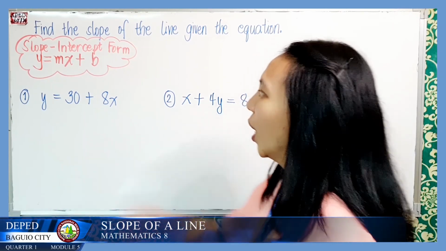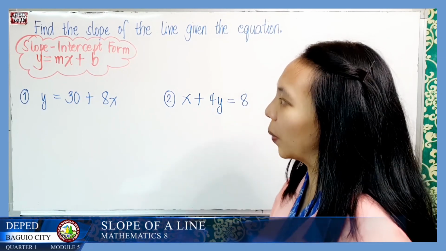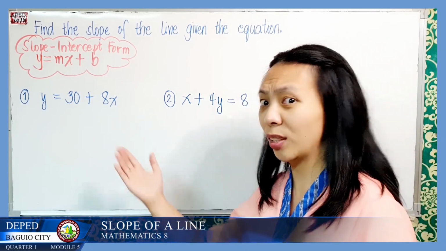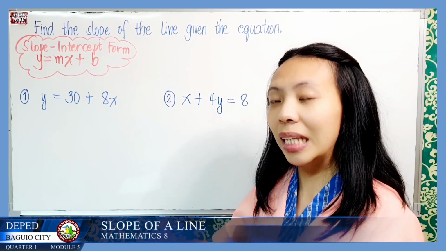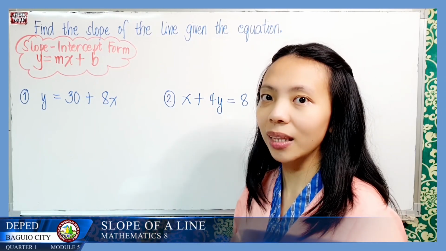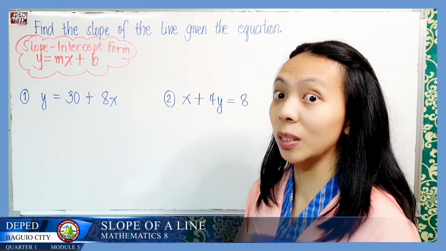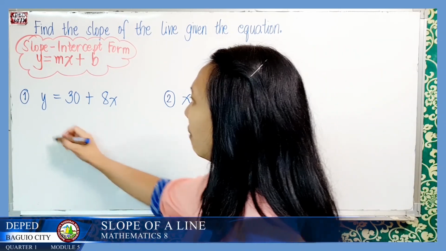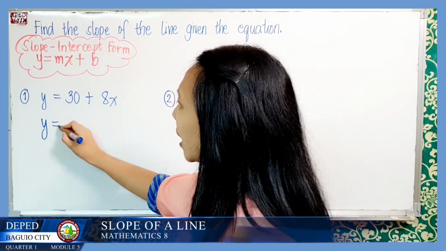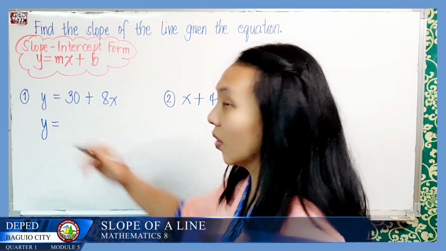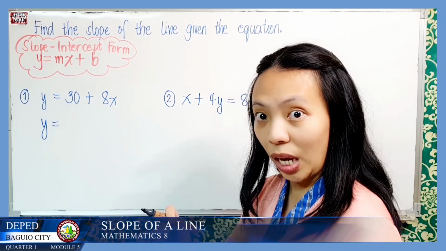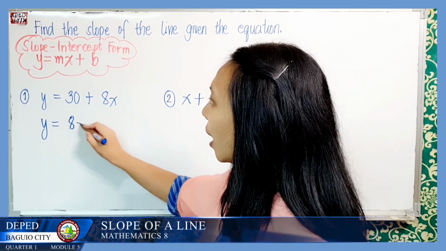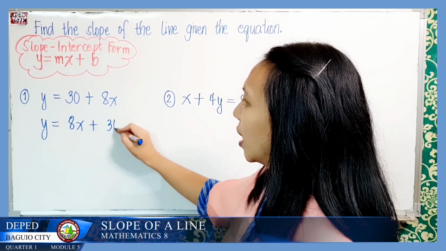Number 1, y is equal to 30 plus 8x. That's already accepted. But let us rewrite that in the y is equal to mx plus b form. We shall be having y is equal to 8x and 30 will only interchange. We have 8x plus 30.